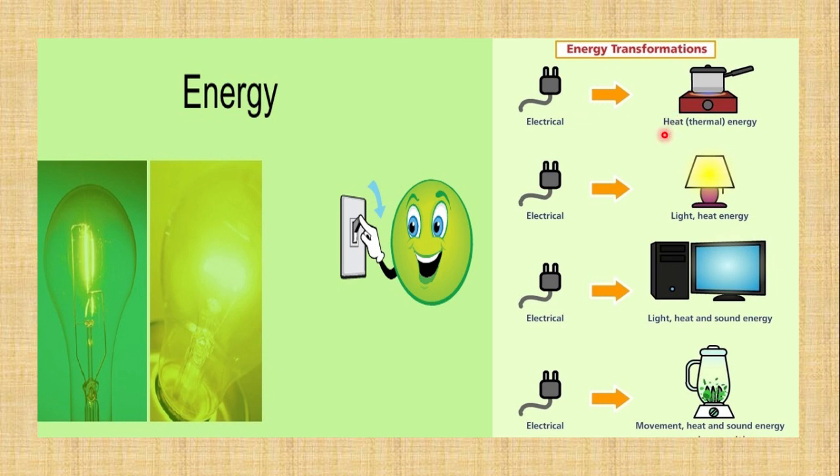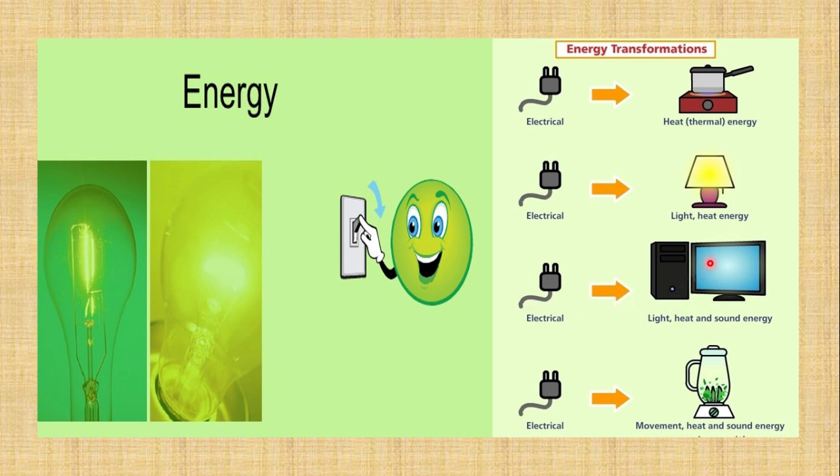Like in the first example, electrical energy is converted into heat energy. In a lamp, electrical energy is converted into light because the main purpose of a lamp is to produce light, while some of the energy is wasted in the form of heat energy. In a computer or a TV, electrical energy is converted into more than one form.